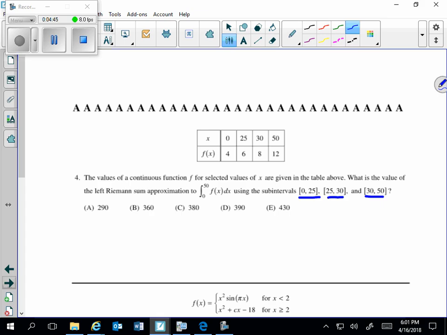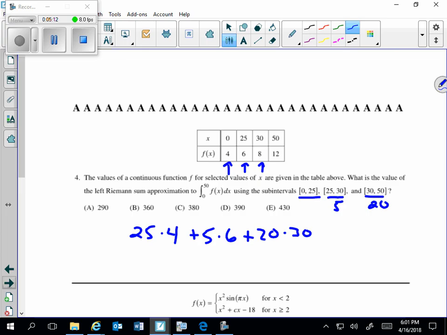The left-hand side of the interval is going to tell me the y value. So my base is 25, the distance from 0 to 25. My height is the left-hand side, so it's the 4, plus my distance here is 5, times the height, which is the left-hand side. The distance here is 20, and my height is the left-hand side.